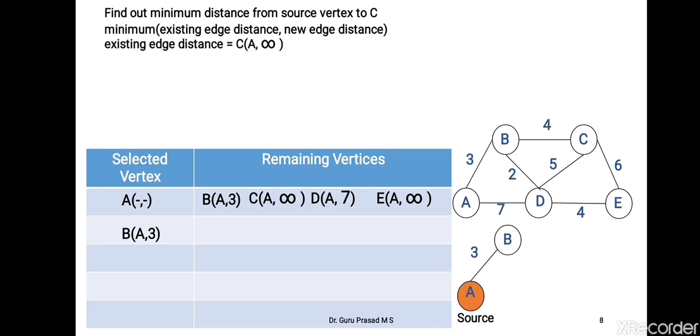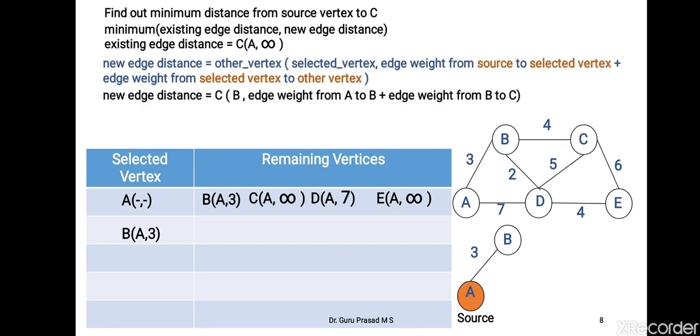The existing edge distance is C of A comma infinity. Observe the first row. The vertex C distance is C of A comma infinity. The new edge distance equals other vertex of selected vertex comma edge weight from source to selected vertex plus edge weight from selected vertex to other vertex.